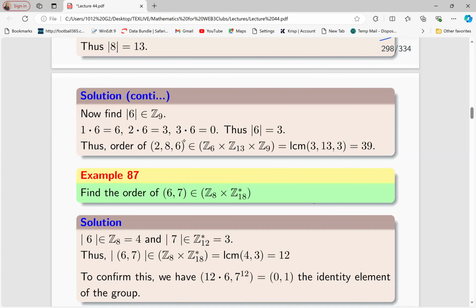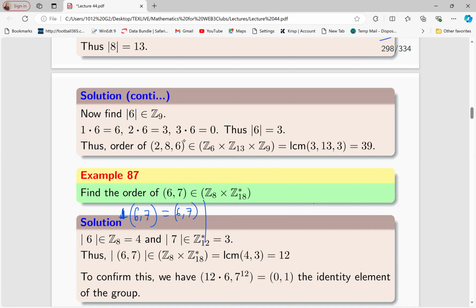It is (6, 7) once. When you do it once, for the first element we are adding it the number of times, and the second element we are raising to that power. So 6 once is just 6, and 7 raised to 1 is 7.